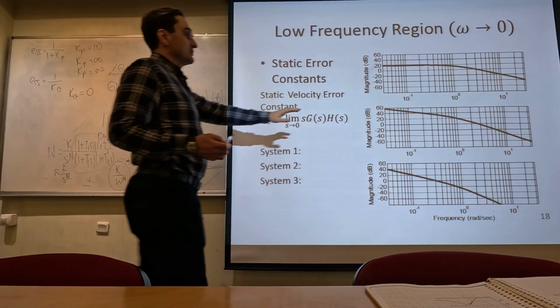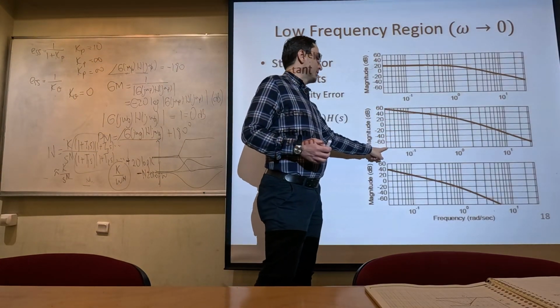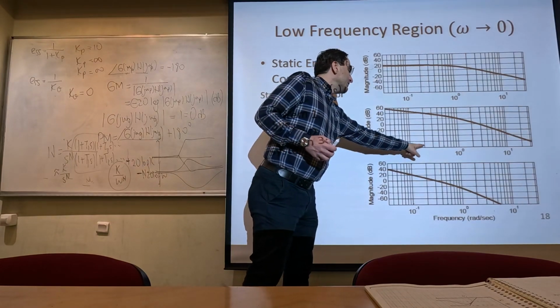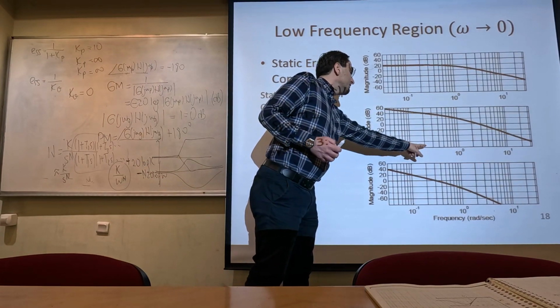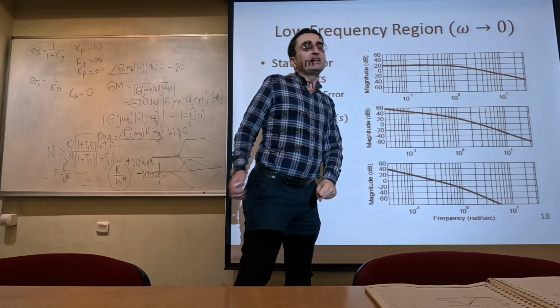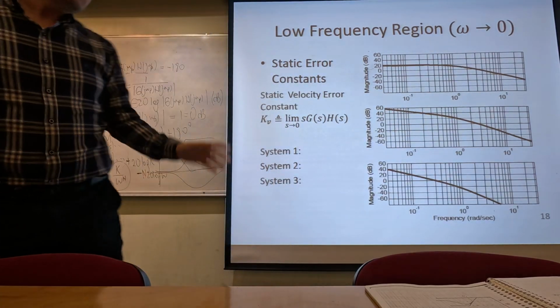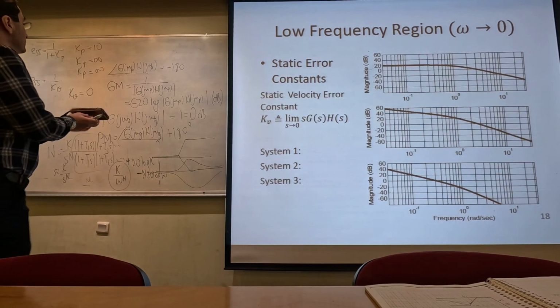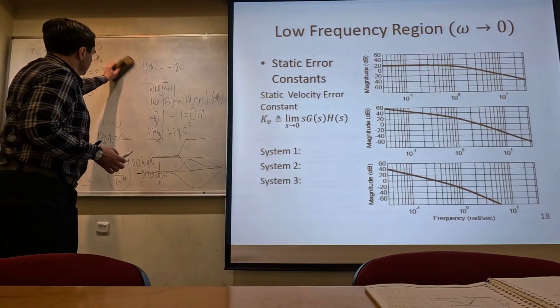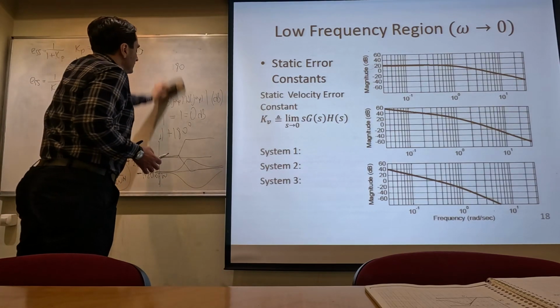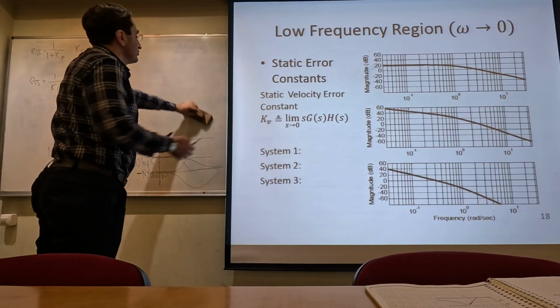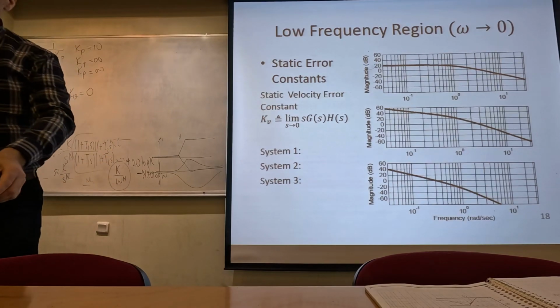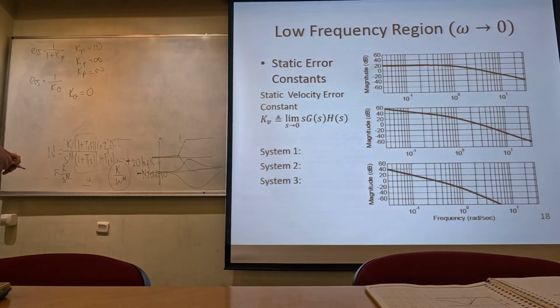The second system is a type 1 system because the decrease rate is 6 dB per octave, or minus 20 dB per decade. Now we can try to calculate what Kv is for that system. In general, it requires you to concentrate on low frequencies in a Bode plot.